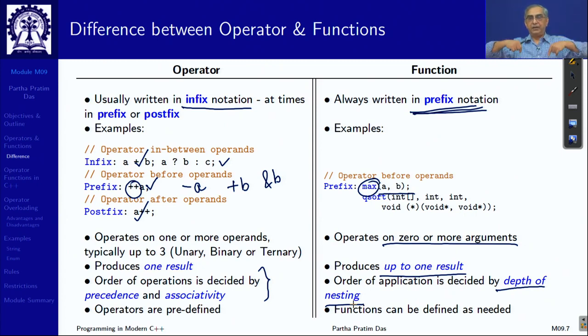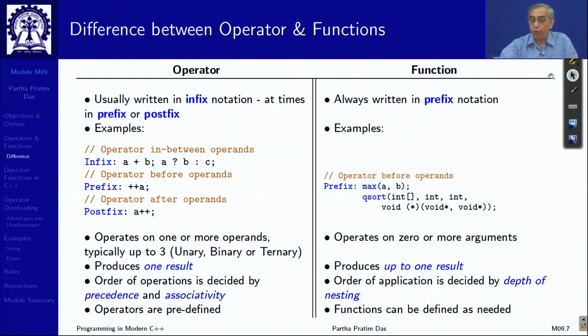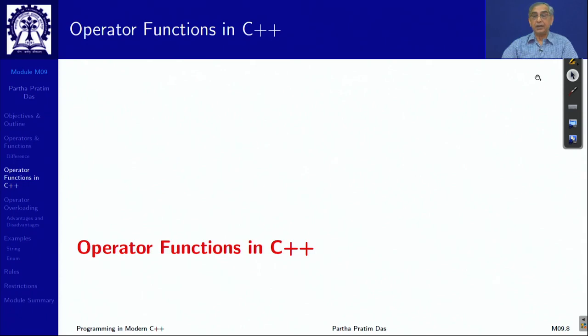So, it is the depth of nesting of the call which decides the order in which you will evaluate. And finally, operators are predefined, whereas functions can be defined as we wish. So, these are the basic differences, and it will soon become clear why we are talking about such a topic.